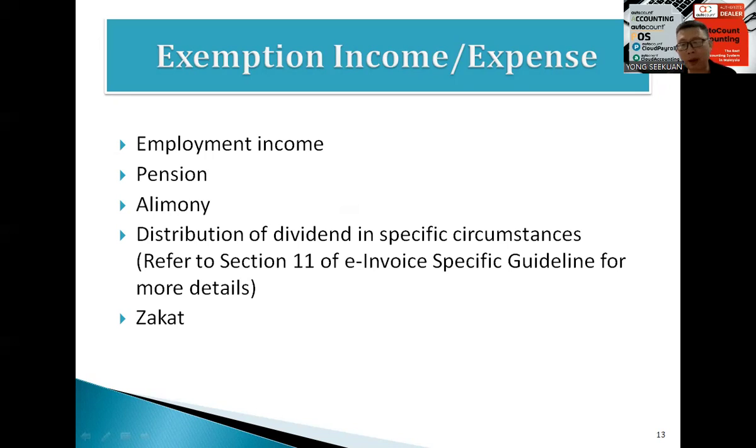After I pay for this dinner for my customer, I bring this receipt to the account department. Then the account department finds that this is not an e-invoice, it's just a normal invoice or a consolidated invoice. Then the account department will ask you to go back to that restaurant and request an e-invoice.